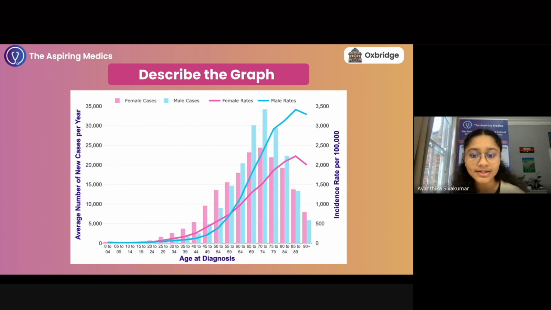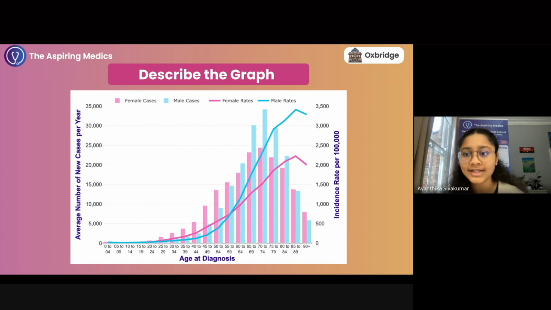So the incidence rate might be a better reflection of the prevalence of cancer in the population, because just looking at the number of new cases doesn't account for the total population size, and plus the number of people at each age group might be different as well.